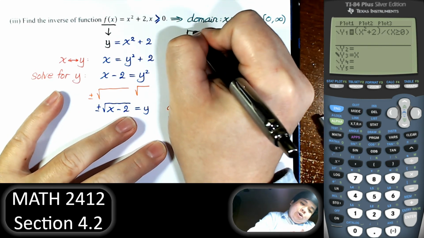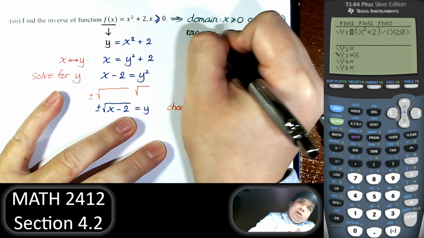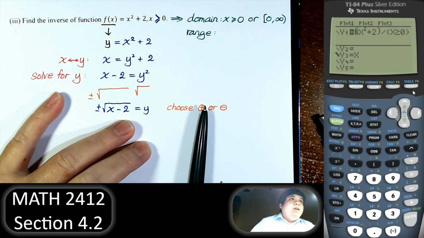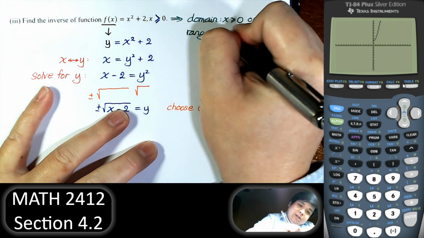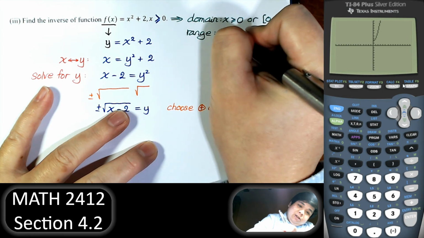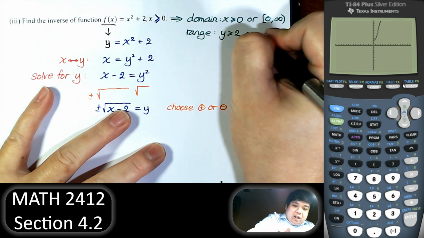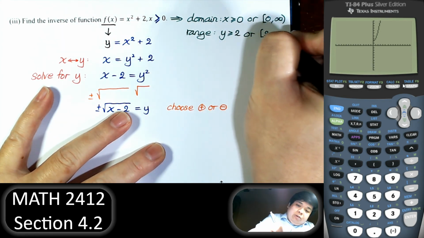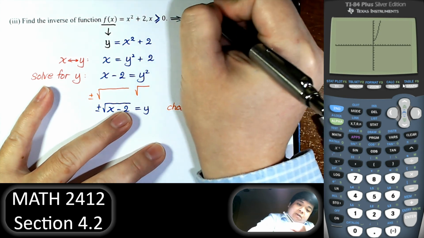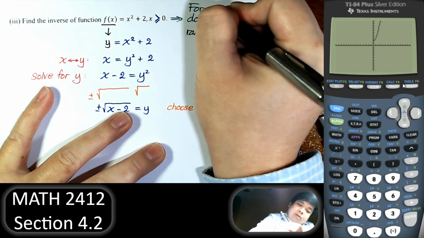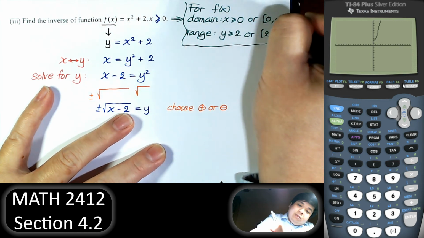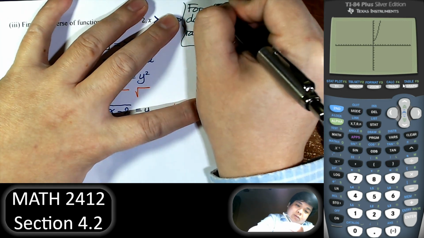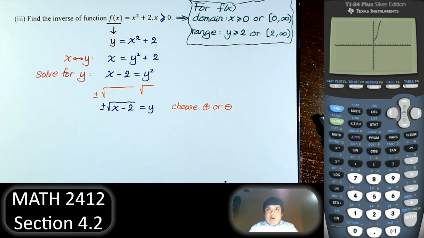And then the range. If we look at the graph, it is greater than or equal to 2. Or we can say it goes from 2 to infinity. So that's what we have for the function. So if that is the function, that's what we have.